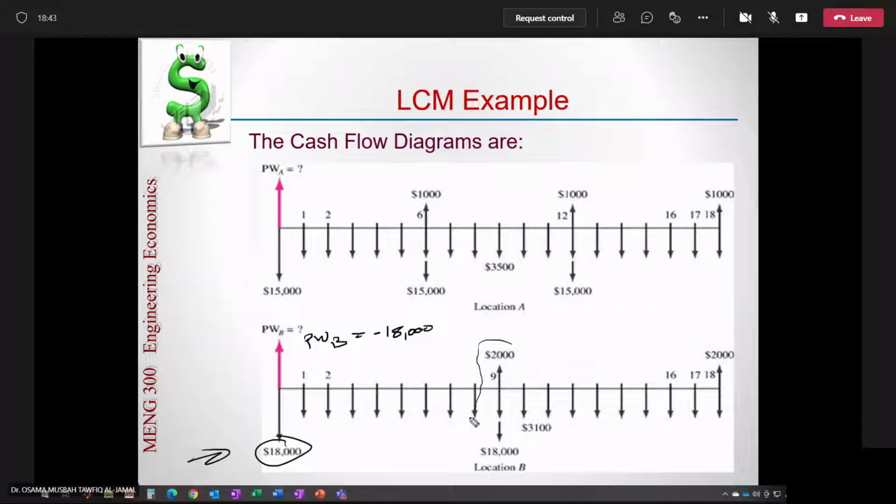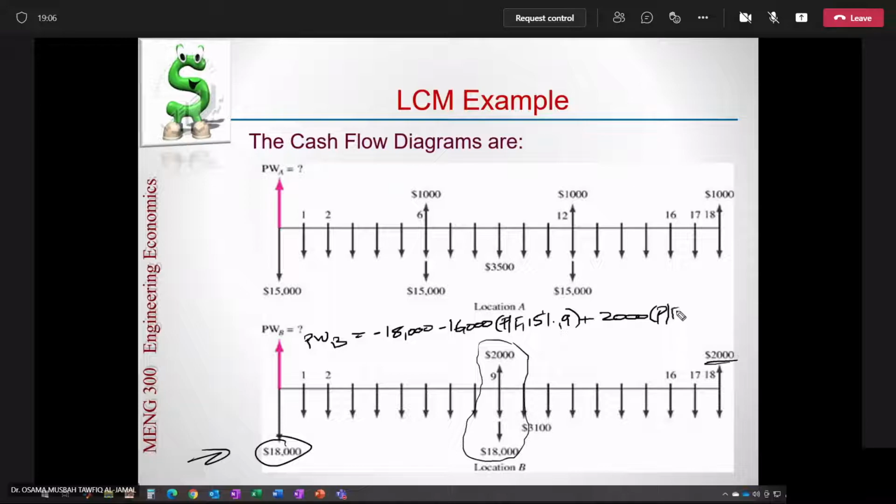We have for the second cycle, just take the net between them, minus 16,000. P giving F, 15%, 9 years, plus 2,000.